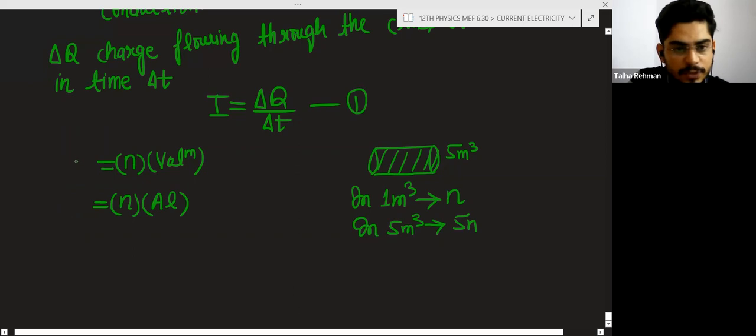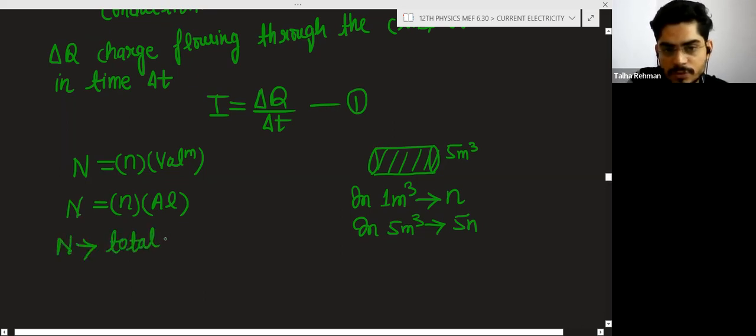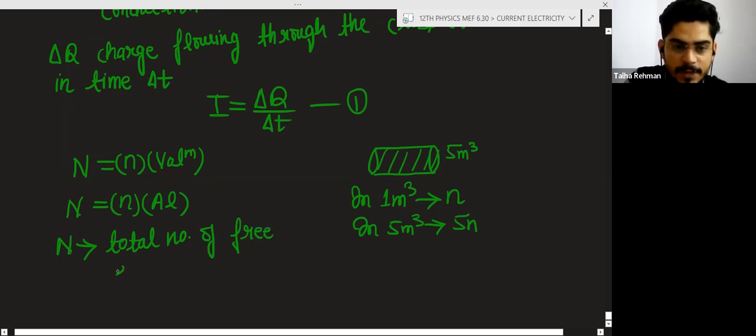This N is the total number, the capital N. The total number of electrons. Small n is the number of free electrons in a unit volume, and capital N is the total number of free electrons in total volume. So I have just applied the unitary method.